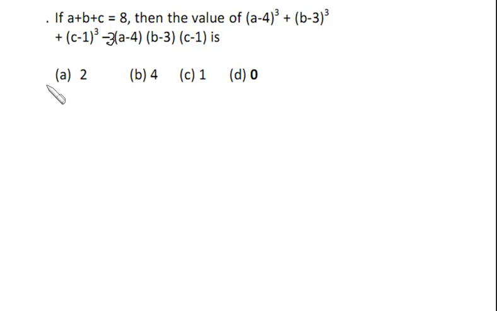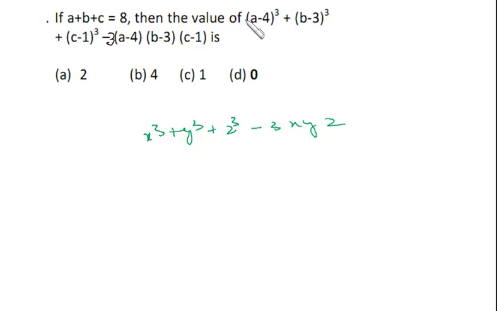Now how do we relate that over here? I assume a minus 4 to be x, b minus 3 to be y, and c minus 1 to be z, right? So it is x cube plus y cube plus z cube minus 3xyz, right?